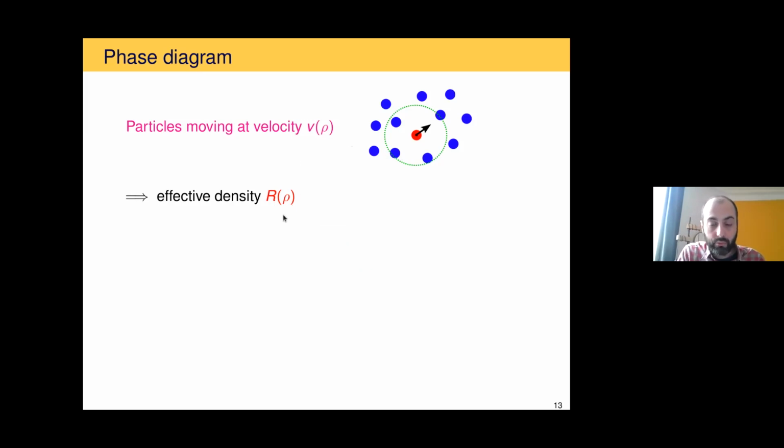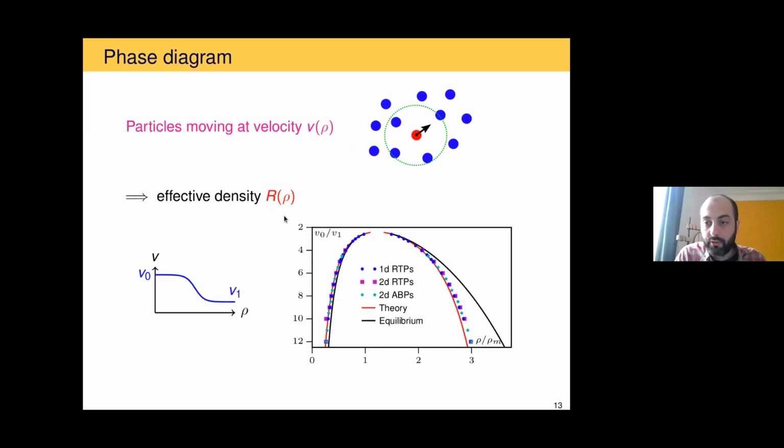We can compute the effective density and get a prediction for the coexisting densities and compare that to what we measure in simulation. So here I plot the phase diagram as a function of density. And on the y-axis is the ratio of the velocities in the two phases.